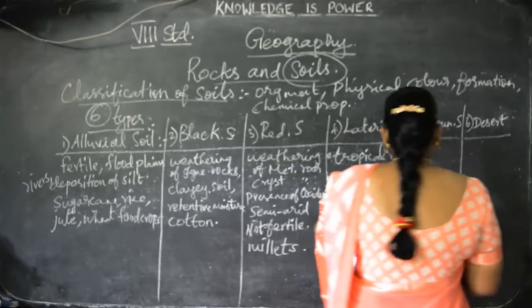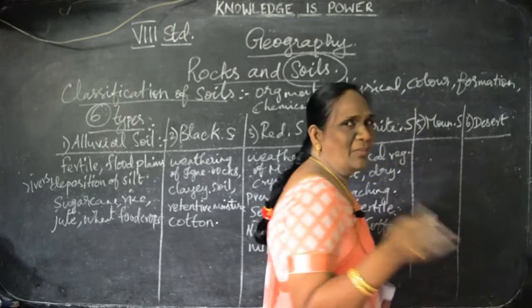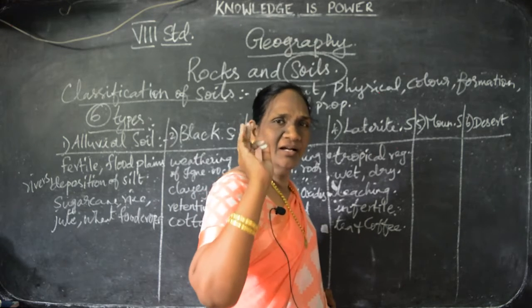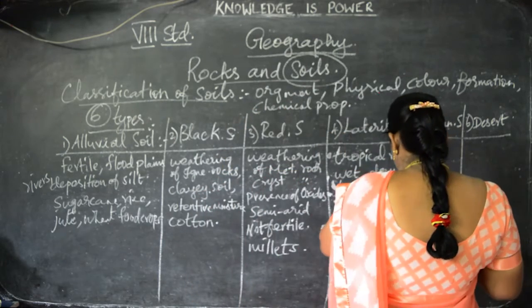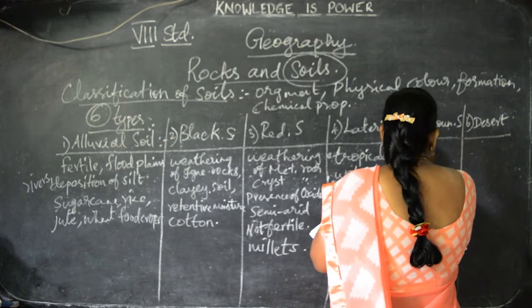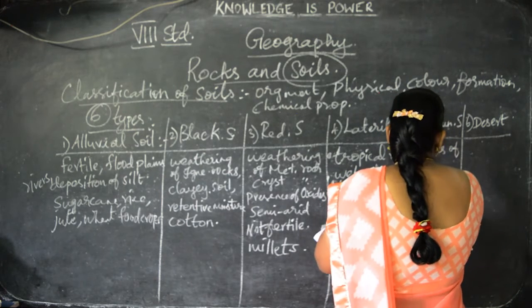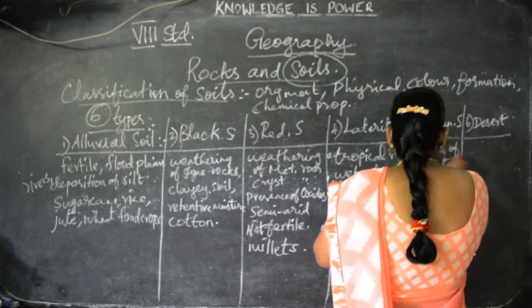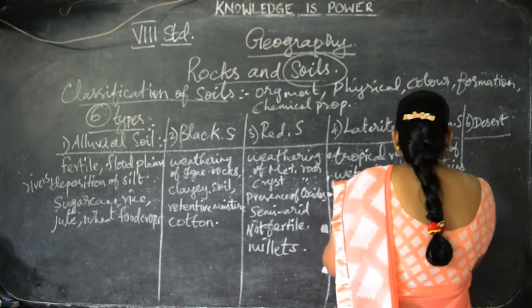Then mountain soil, the next one. Mountain soil, where will it be? Sure, it will be on the mountains only. Understand? Mountain soil, we can see this on the slopes of mountains, and they are thin and acidic.